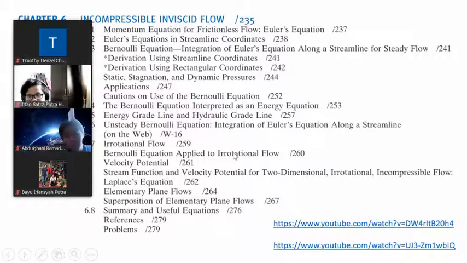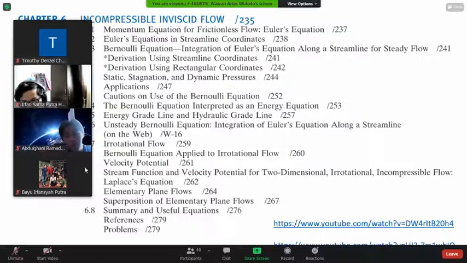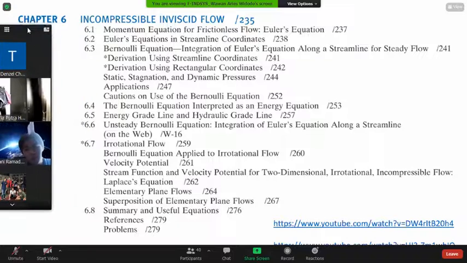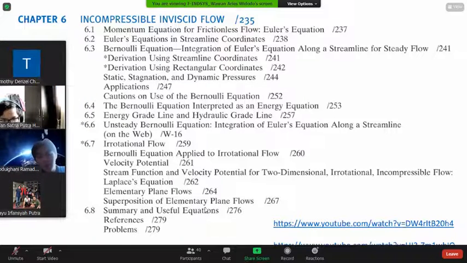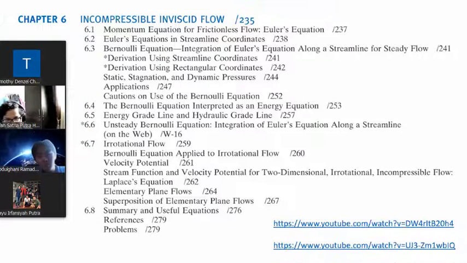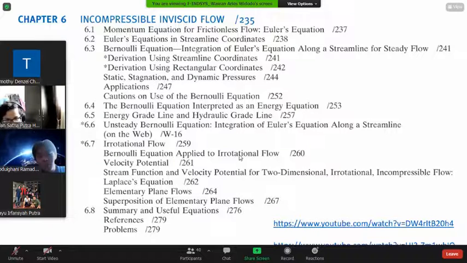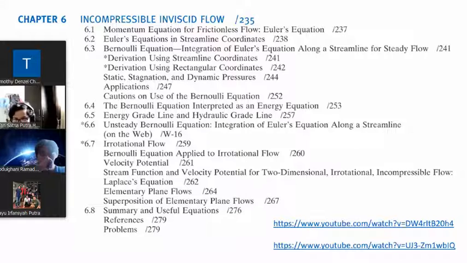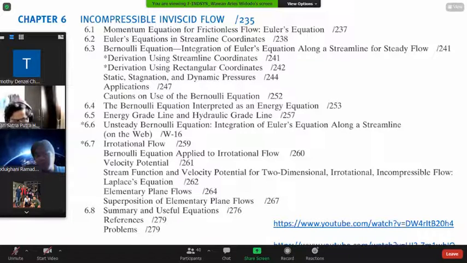Okay, so before I explain about chapter 8, I will show you about incompressible inviscid flow. This is the important thing here. You can find two equations, the Euler equation and the Bernoulli equation.